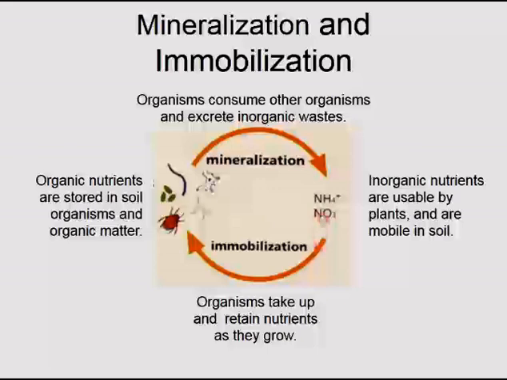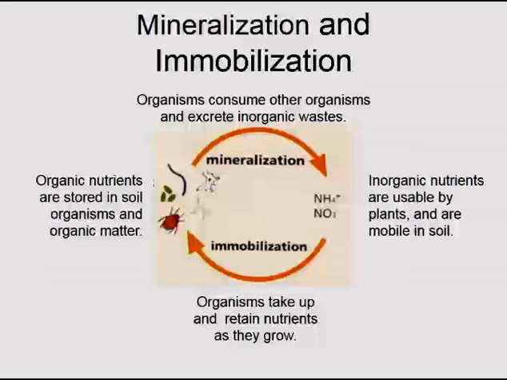Organisms can also take up these inorganic nutrients and use them for themselves as they grow, and then they're stored in their bodies in other organic forms. Okay, mineralization and immobilization. So from the standpoint of a plant, mineralization is preferred, because by that process the two available forms of nitrogen in this case are made available to them.